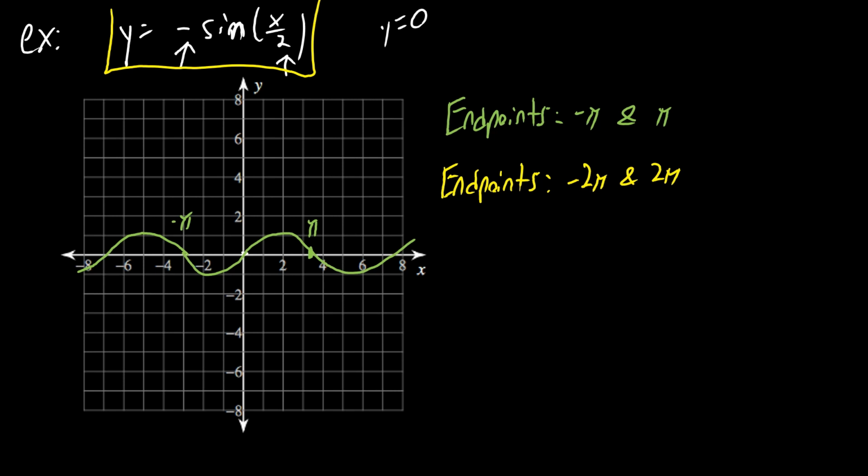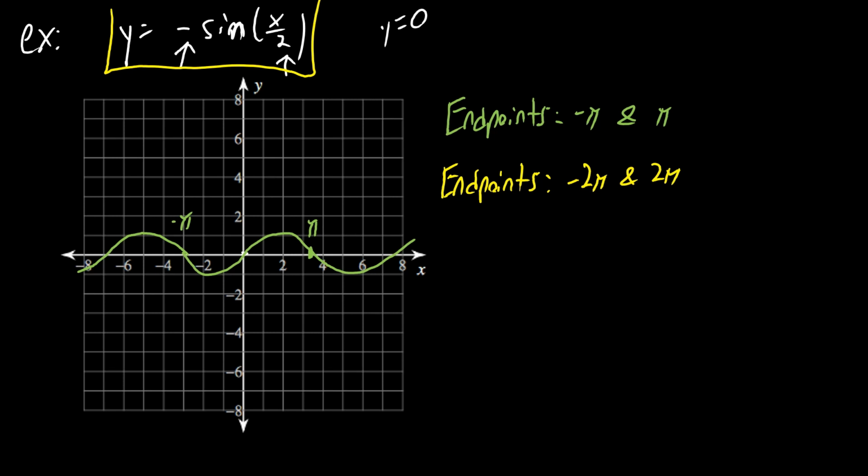Okay, and with that negative out front, imagine this is just flipped. This is going to go down there, that goes up there. Don't pay too much attention to that. It'll make more sense when I graph it, if you don't already understand.